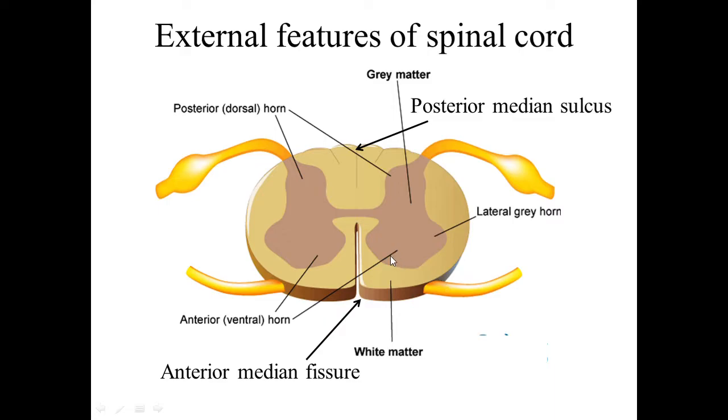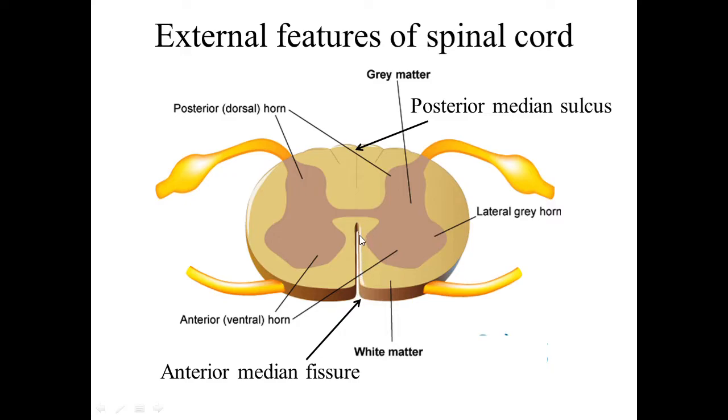Now, this is the cross section of the spinal cord, and if you see it externally, anteriorly there is a deep longitudinal groove, which is called the anterior median fissure.